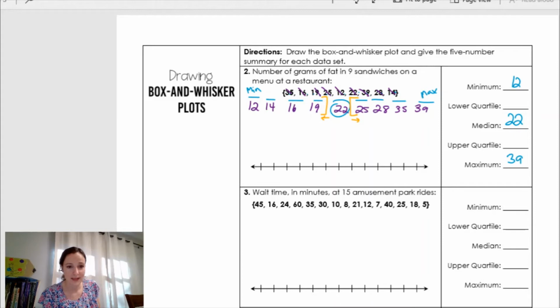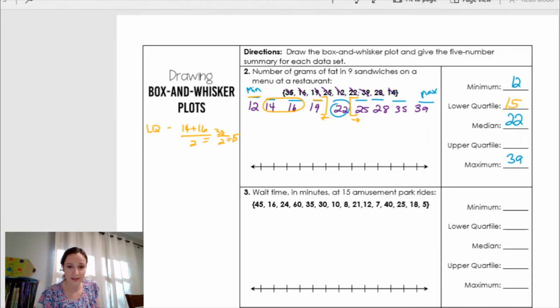Okay, so again, we want to go from each direction, but notice here that we have two middle numbers on the lower end. And so to find that lower quartile, what we're going to have to do is add them together, find the average. 14 plus 16 divided by 2. 14 plus 16 is 30, divided by 2 is 15. So the lower quartile here is going to be 15.